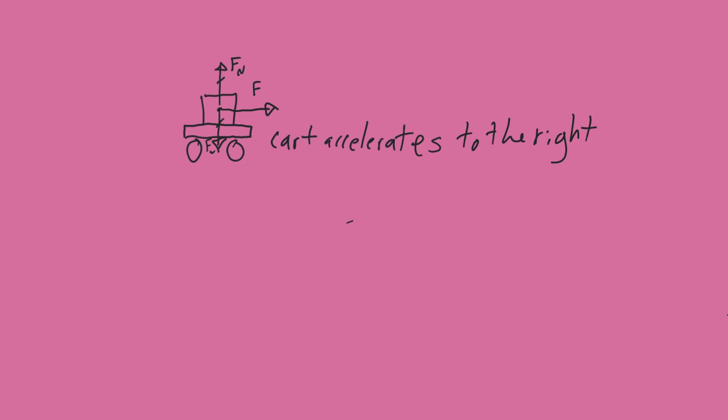So some force causes it to accelerate to the right. But what is that force? Nothing else is really in contact with my block. And we know that in the horizontal direction for projectiles, there's nothing to accelerate it in the horizontal direction. So the only thing that could be accelerating the block here is the force of friction between the block and the cart.